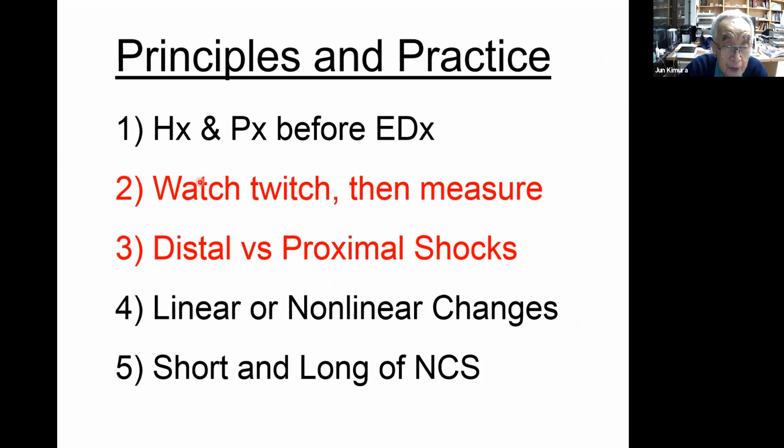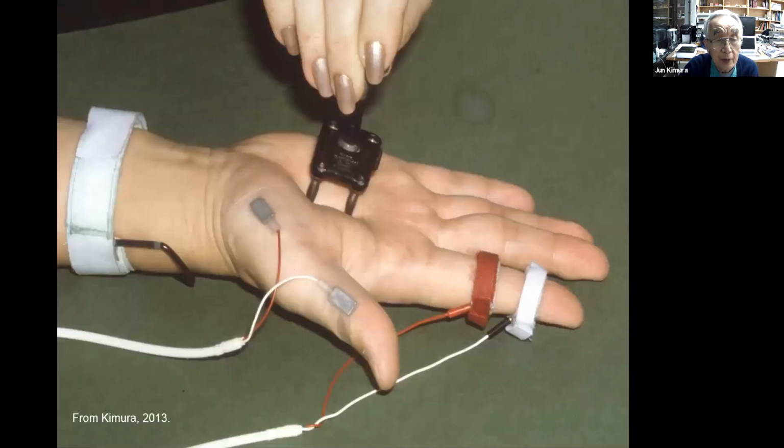And you need to know that when you stimulate, right? So let's take together an example, the median nerve stimulation at the wrist. Now, when you stimulate the median nerve, you usually stimulate it at the wrist here, right? Wrist and elbow, which is not shown.